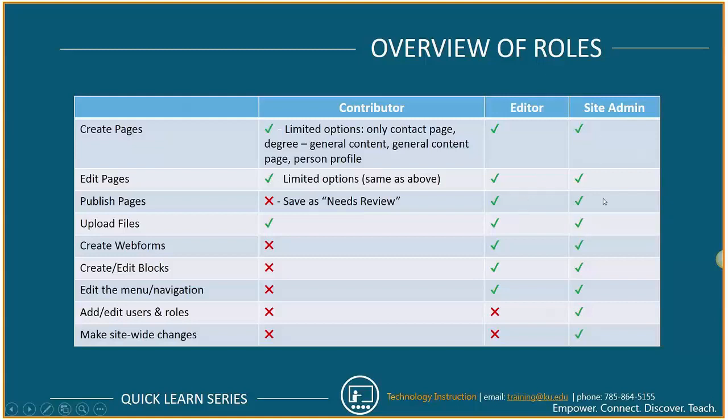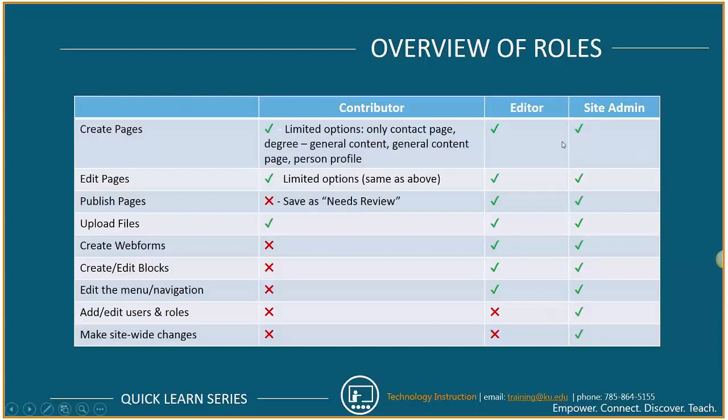Site admin have more permissions. So people with that permission can add people and actually set permissions for others, and also make site-wide changes. So if you want to change the title, or there's even a subtitle for your site, a site admin can do that. You can have multiple site admin, and it's probably a good idea to have more than one in case that person is out of the office or something like that.